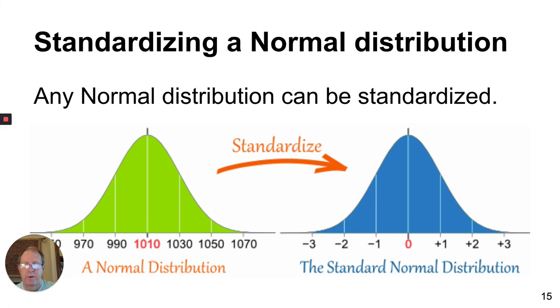So the graph on the left, that is a normal distribution. That is like a vanilla milkshake. But the standard normal distribution on the right, that is the hot fudge sundae of normal distributions. That's an important one because we have a lot of information that we can use on the standard normal distribution.